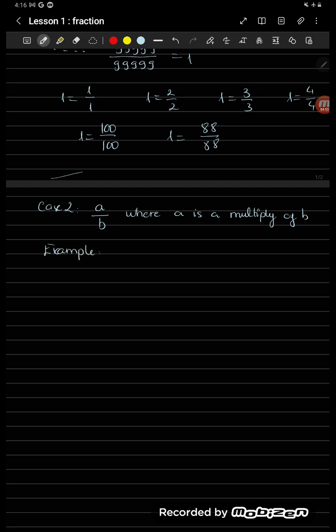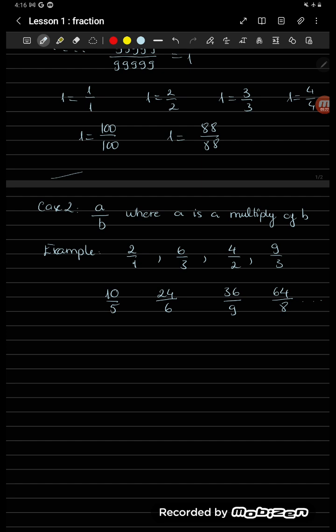We have 2 over 1, 6 over 3, 4 over 2, 9 over 3, 10 over 5, 24 over 6, 36 over 9, 64 over 8, and so on.